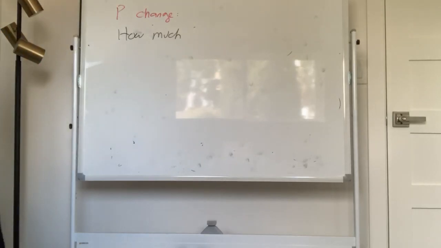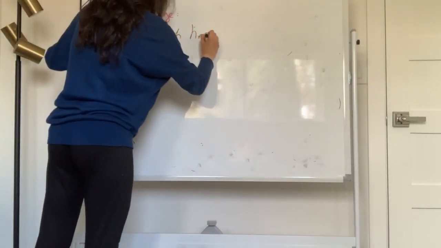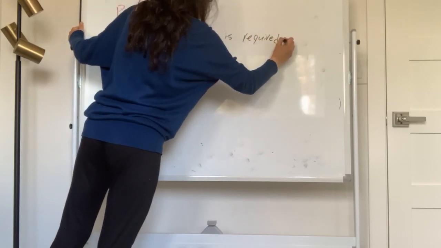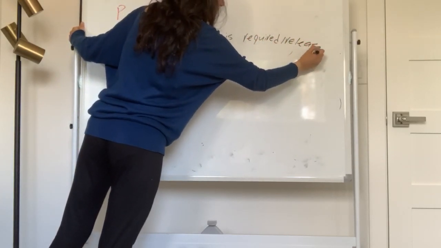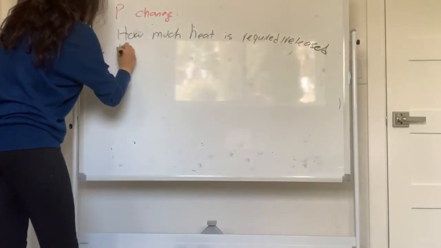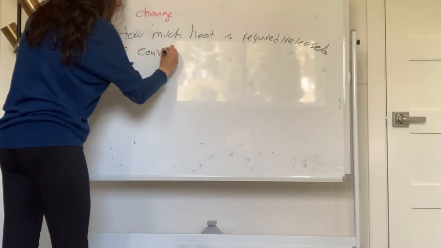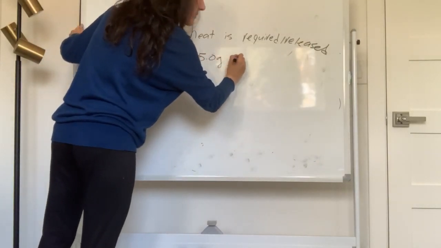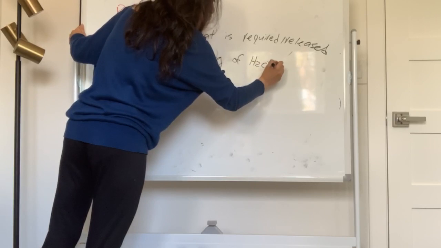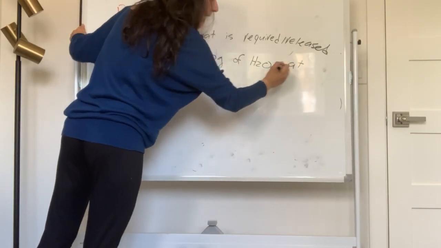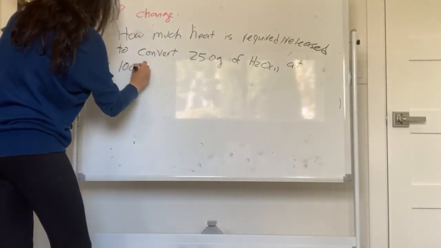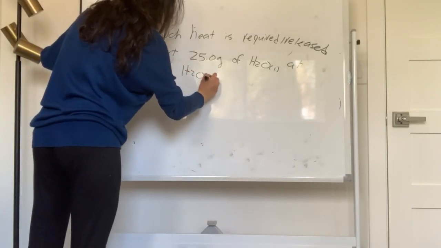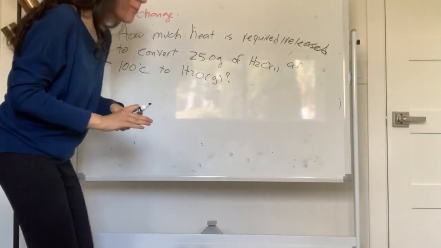How much heat, which is energy, is required or released to convert 25.0 grams of H2O liquid at 100 degrees to H2O gas.